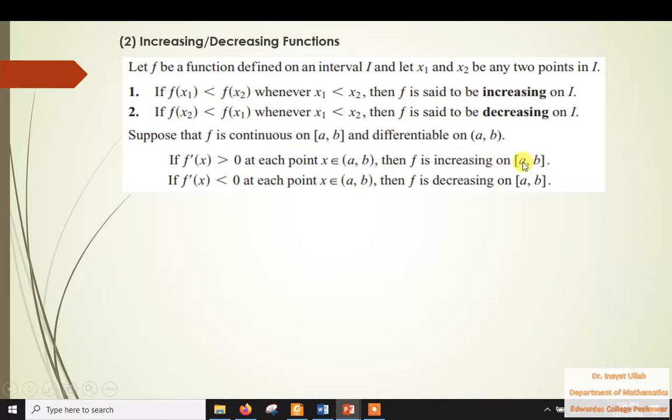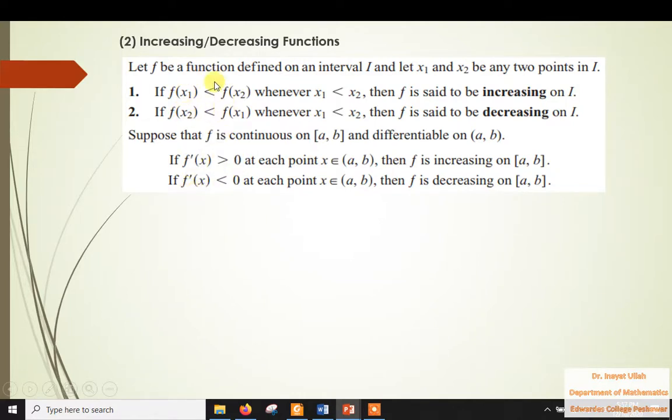in this interval ab. And whenever the derivative of the function is negative, less than 0, for all values of x between a and b, then we say that the function is decreasing on this interval. We'll be using this definition throughout to check whether the function is increasing or decreasing.